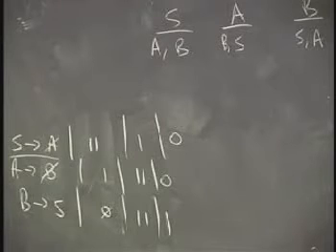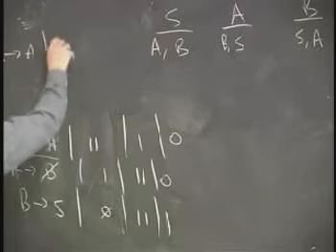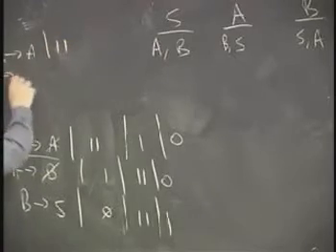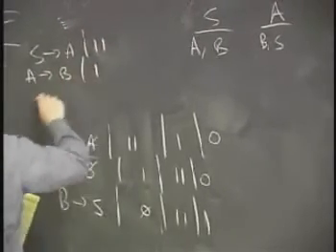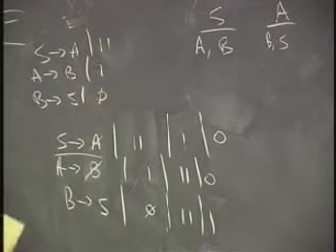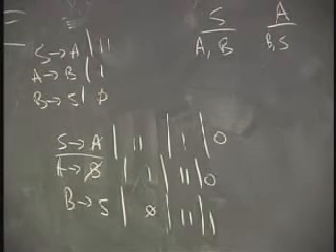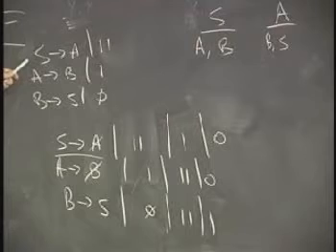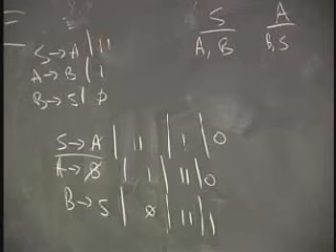When we started, this grammar looked like this. What does this grammar generate? It generates 3 strings, right? 1, 1, 1, and 0.